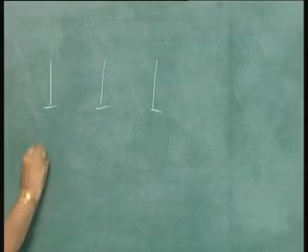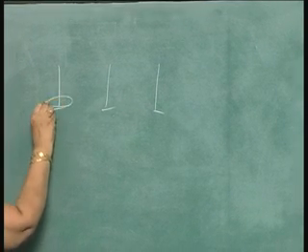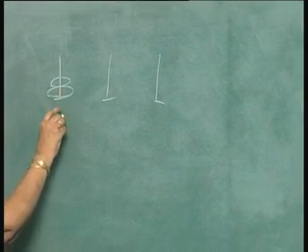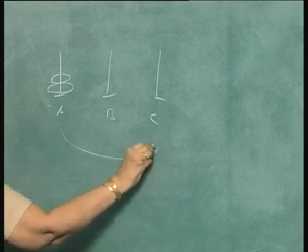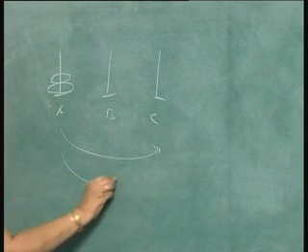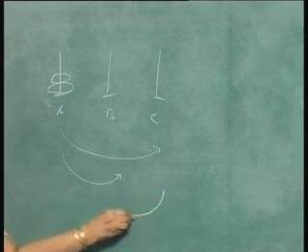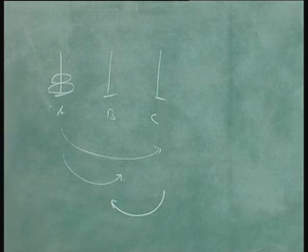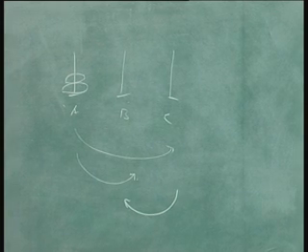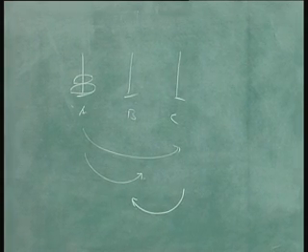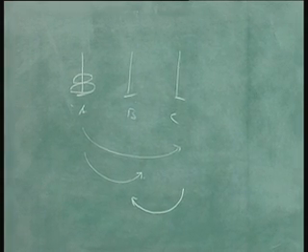If you have two, the first one you can transfer to C, then the second one to B, then the first one from C to B. In 3 steps you can do this. Transfer from A to B the 2 disks. In general, if you have n disks, what is the number? Suppose I denote the number as a_n.